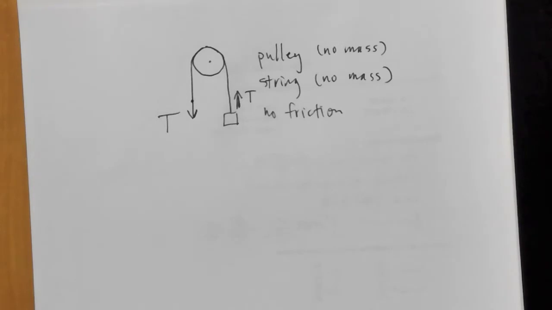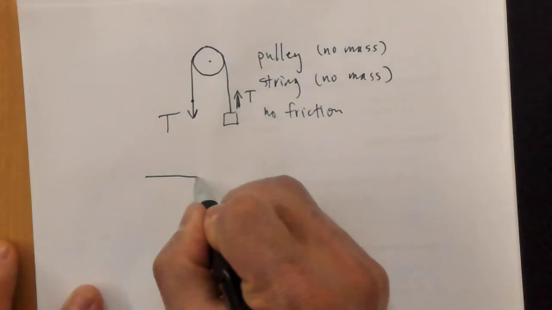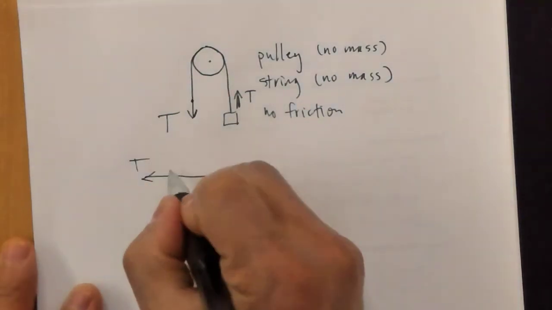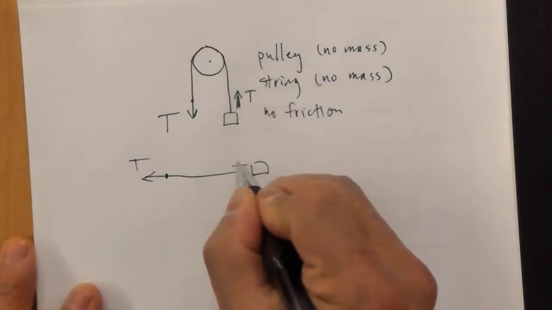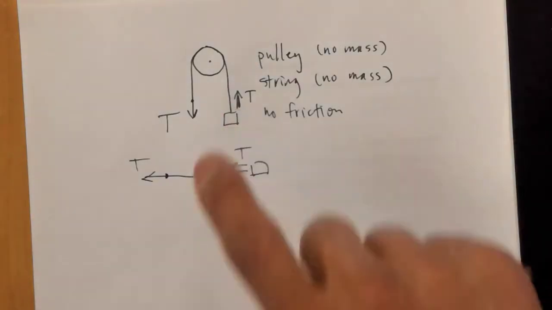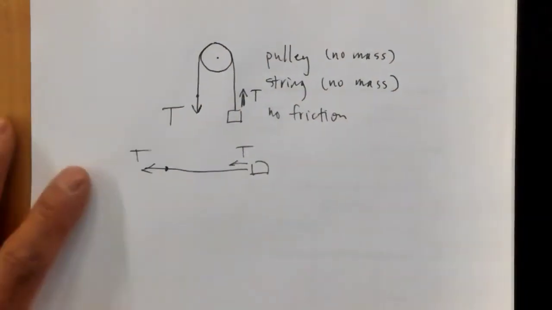Instead of being in a straight line like a string would, it just makes it a curve, a bend. Everybody following me on that? If it was a straight string and you pulled on it with some force on the end, then obviously it would pull on the mass. But the pulley is just simply bending it around.